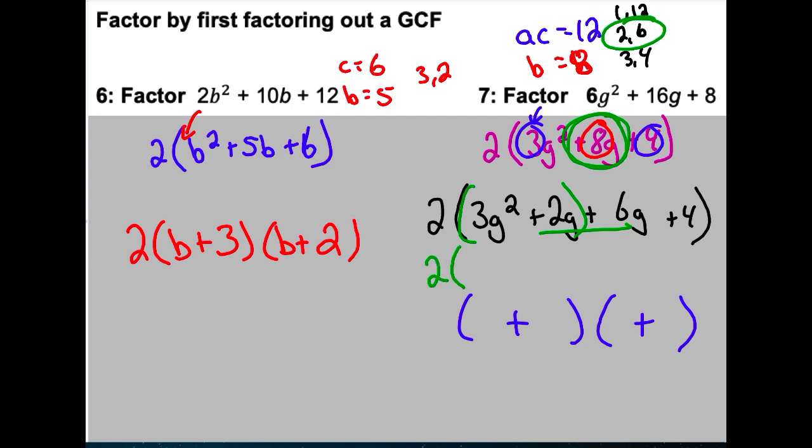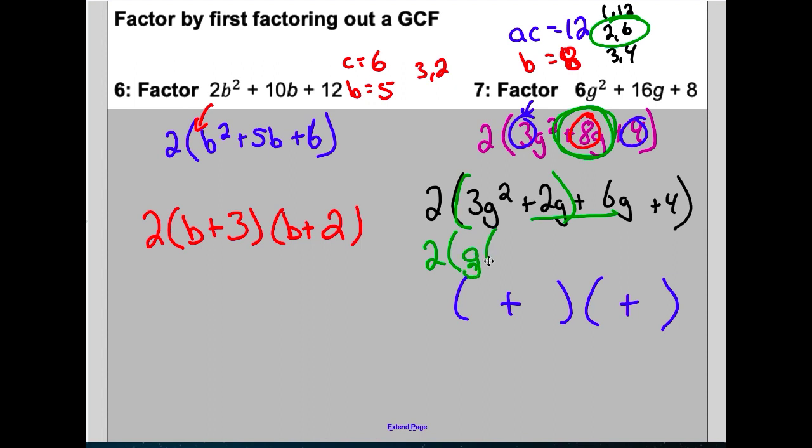So 3g squared and 2g both have a g in common. So I get 3g plus 2. And then 6g and 4 both have a 2 in common. So I get 3g plus 2, because I factored out a 2 out of each of them.